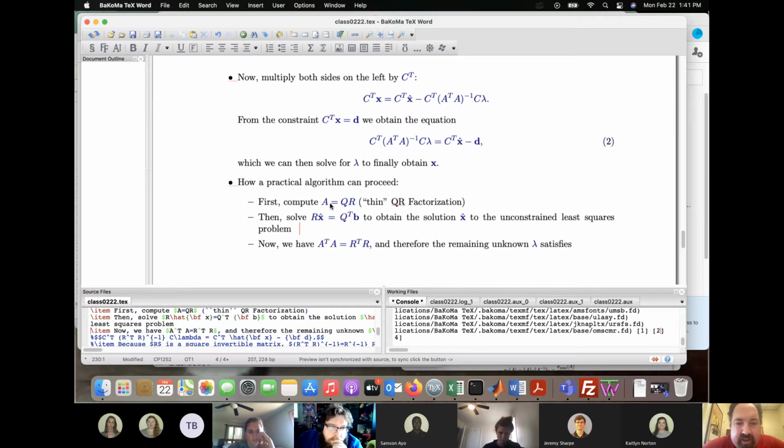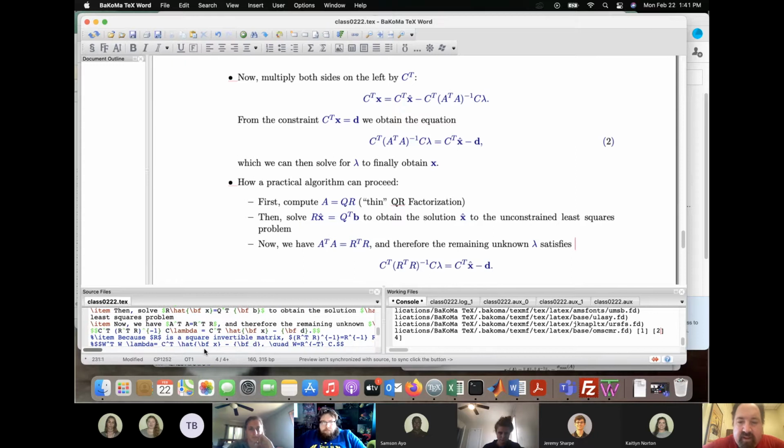Now, if I take QR and substitute it for A in here, I'm going to get Q transpose Q in the middle of this, but that's the identity because Q has orthonormal columns. So A transpose A is the same as R transpose R. So my equation for lambda is now written like this.